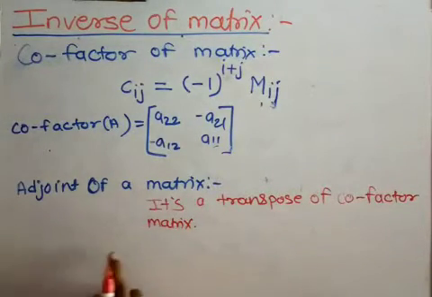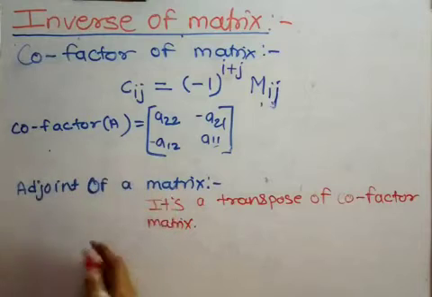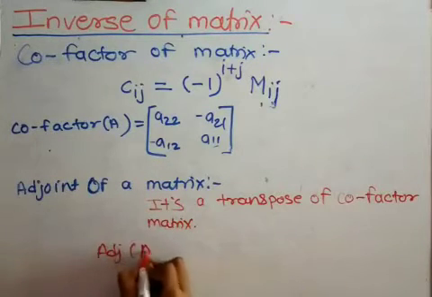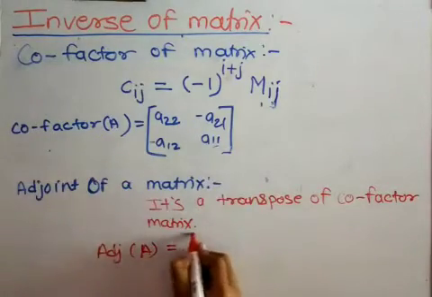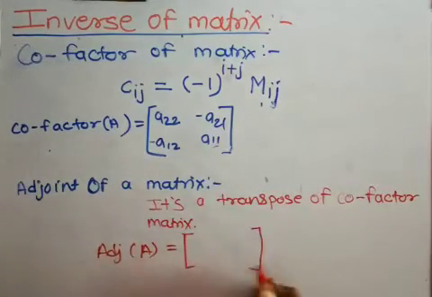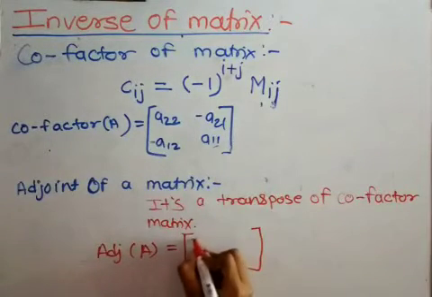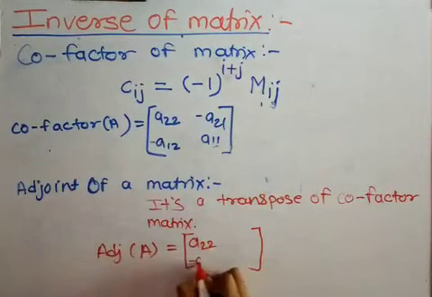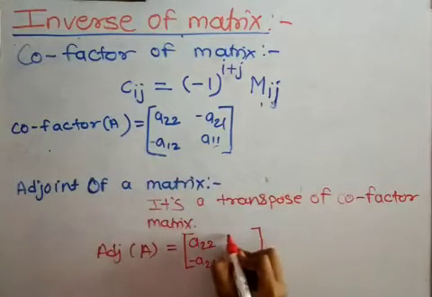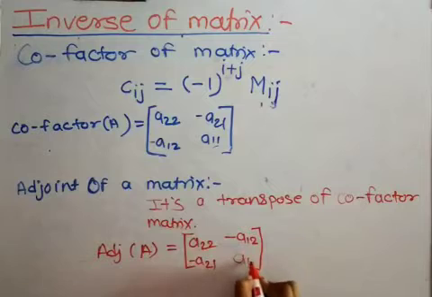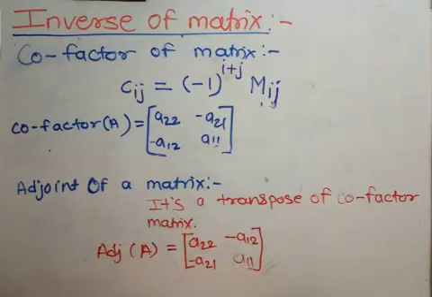Okay, now for the previous example, adjoint of A is a transpose of that cofactor matrix. So the first row becomes the first column and the second row becomes the second column. So this is our adjoint of A.